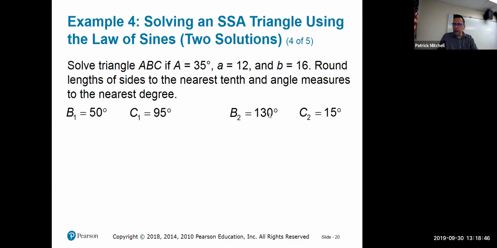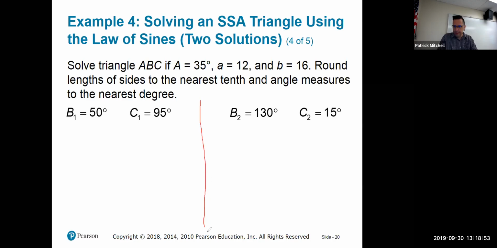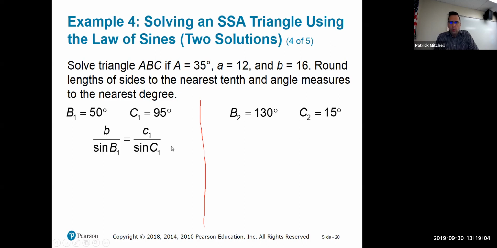So I kind of think of this as a split screen. One possibility is that angle B is 50 degrees and angle C is 95 degrees. That's what we just did. So in that case, we'll use the law of sines ratio to say that B over sine B is equal to C over sine C. Notice they're being very careful with their subscripts, which is good. We'll cross multiply.